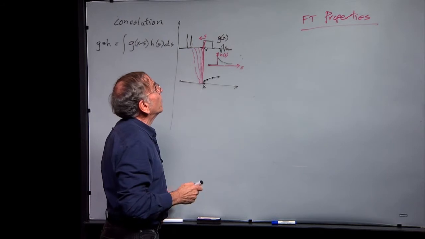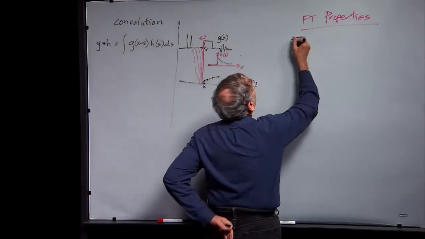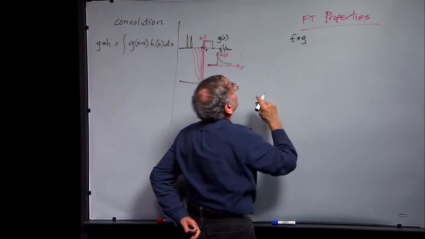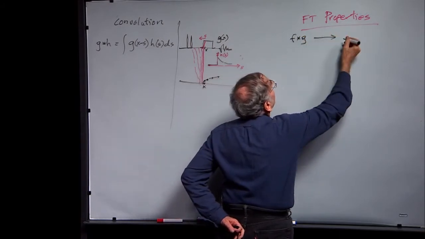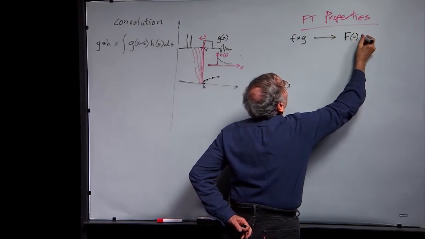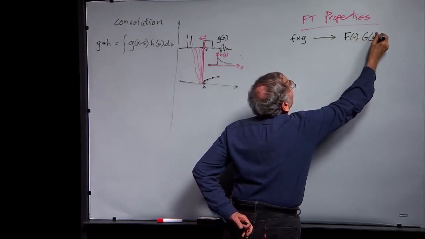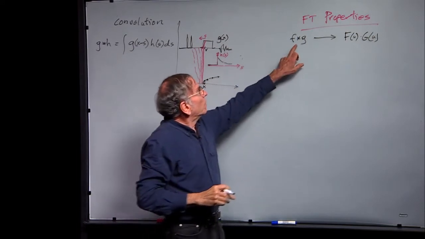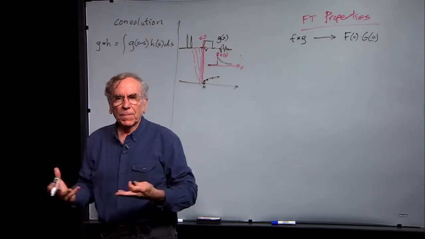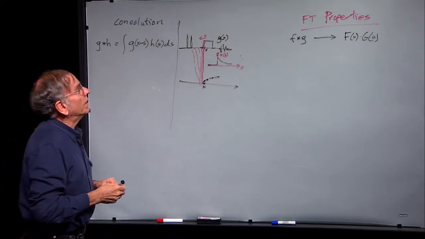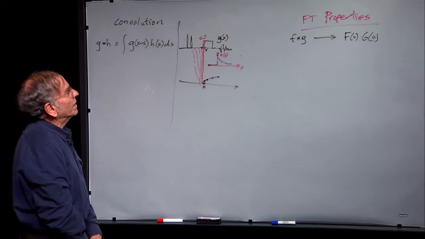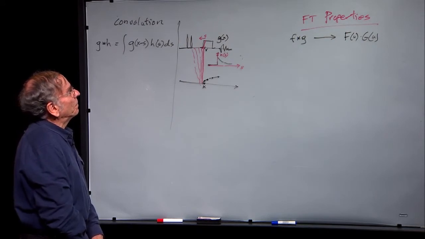I'm going to add one more, which is convolution, which says that if I form the convolution of f and g, the Fourier transform of that is just F of u times G of u. So this complicated integral in the x domain becomes just a point-by-point multiplication in the u domain, and that's why this property is so beloved.